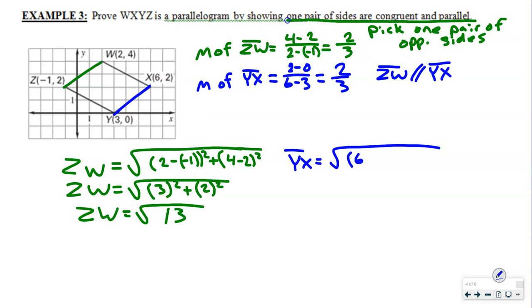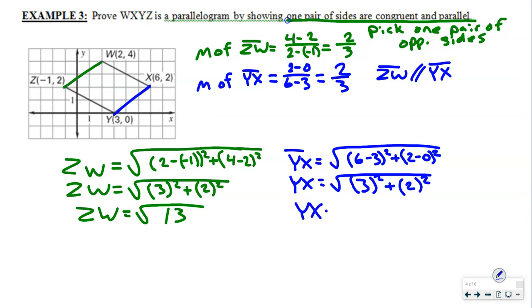So I've got my x's, 6 minus 3 squared plus 2 minus 0 squared. That gives me a 3 squared again, plus a 2 squared.